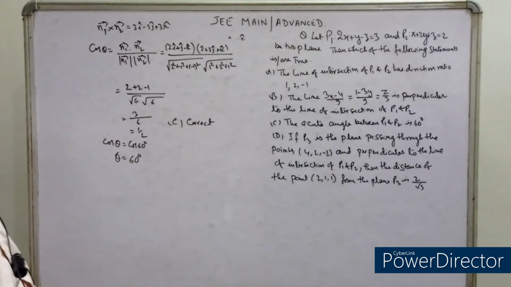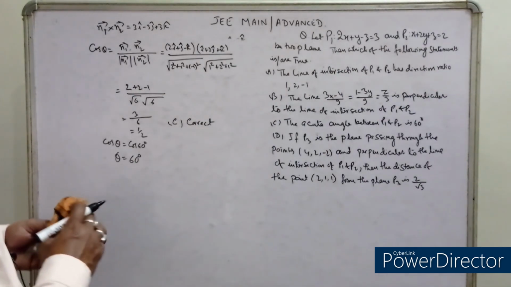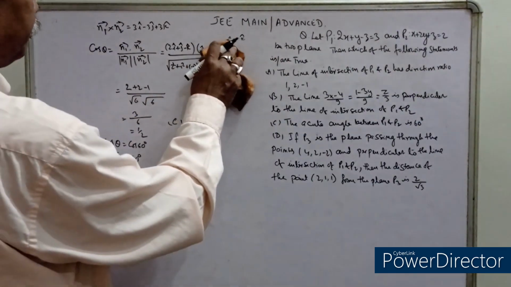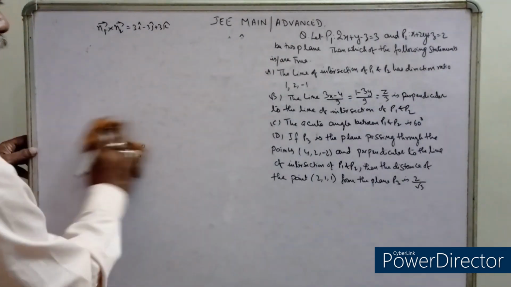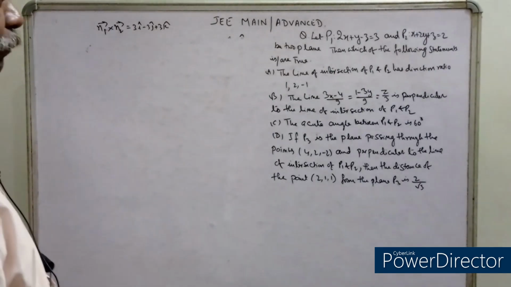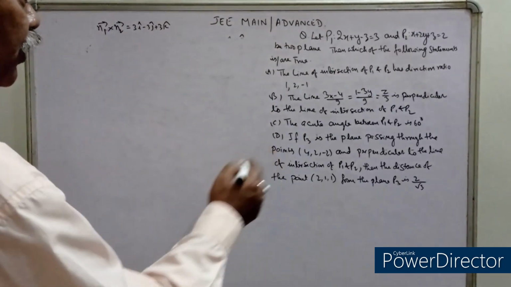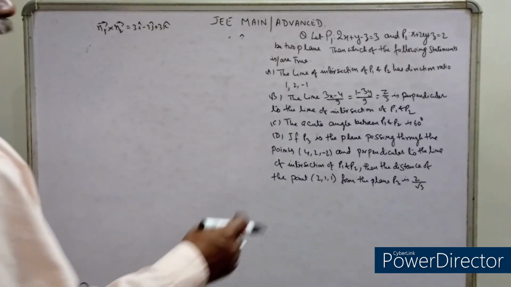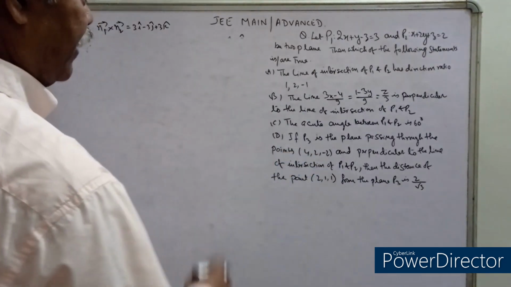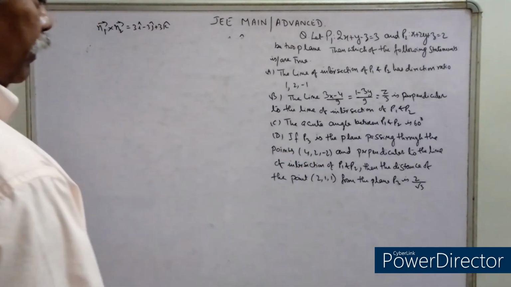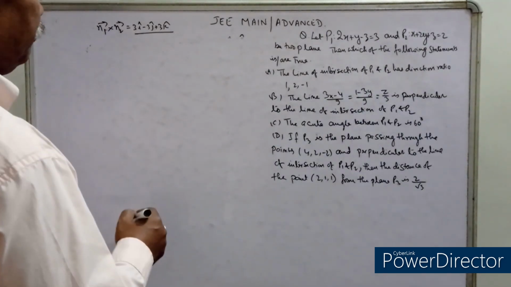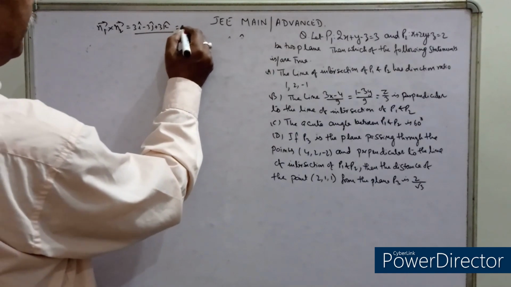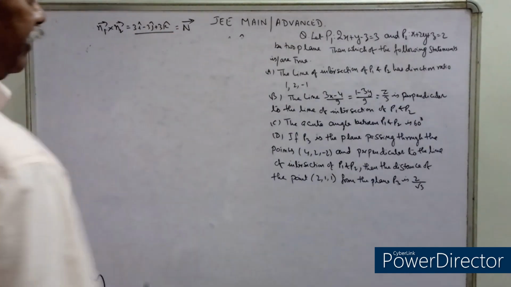Now I am moving to your option D. For option D, there is another plane, and that plane is passing through this point and is perpendicular to the line of intersection of P1 and P2. Perpendicular to the line of intersection, that means I take this as the n vector.